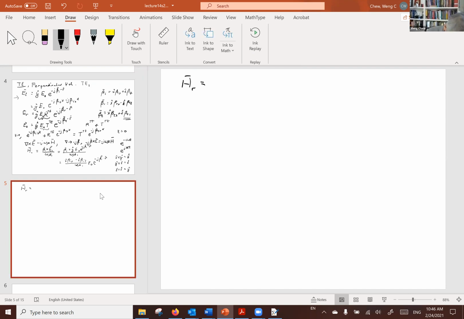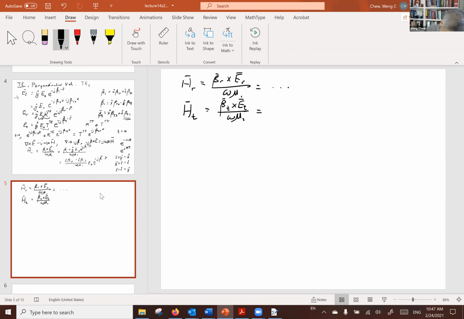Okay, H_R will be given by beta_r cross E_R over omega mu 1, and then you can do the work yourself at home, and then you can go and look for H_T, which would be beta_T cross E_T over omega mu 2. Remember, I have to replace mu 1 with mu 2 because I'm in region 2.